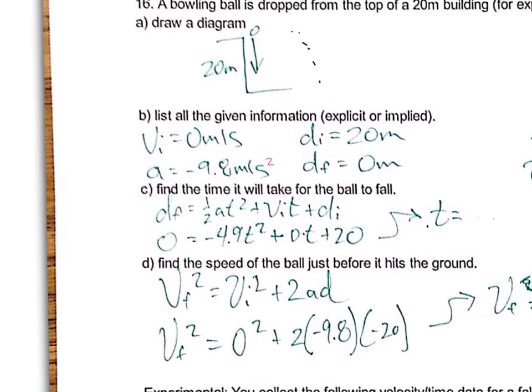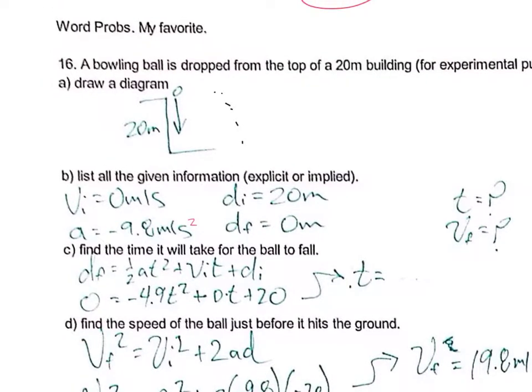It is also implied that because the ball is dropped, the initial velocity is 0. It's not thrown downward, it is dropped, and so it will speed up as it goes. If something is dropped, you know that this information is implied. Some people just had d equals 20.